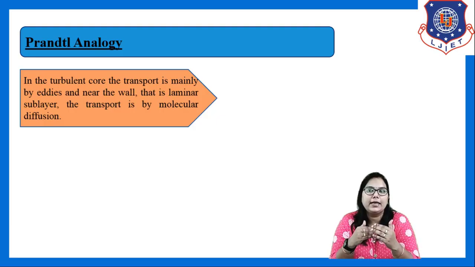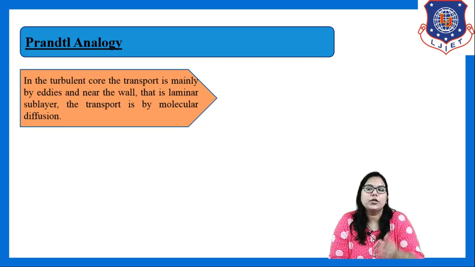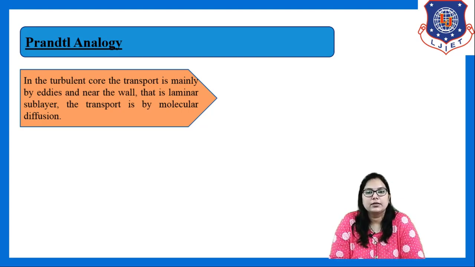If you remember, when the flow is turbulent, the layers created near the wall are the laminar or viscous sublayer, the buffer zone, and the turbulent core.